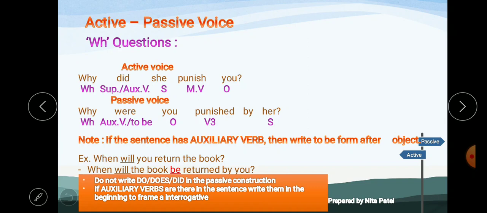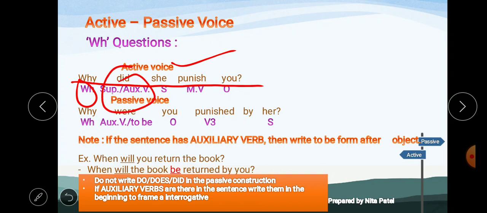Let's understand it with the example: why did she punish you? Generally in an active voice sentence we have this WH word in the beginning. The second thing that comes is the supporting verb or the auxiliary verb. Here, did is used.